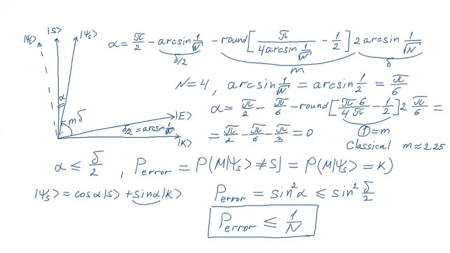And again, the probability of an error, not getting a solution, will be 1 over n, an extremely small number. So within a couple of applications of the Grover algorithm altogether, we are guaranteed to find the solution with very high probability. And in the case of n equal to 4, we are guaranteed to find it exactly with one iteration. So with that, I'd like to finish this video on quantum search.